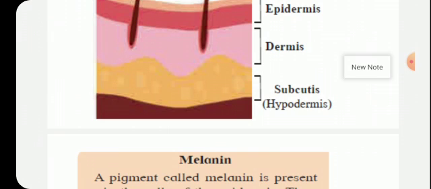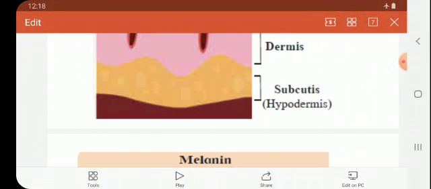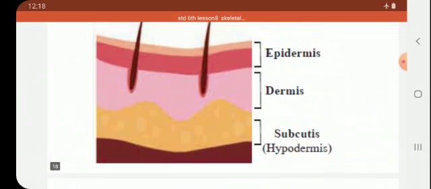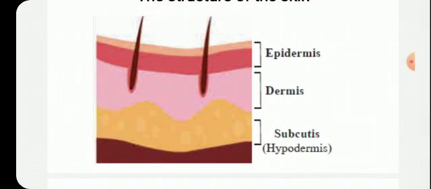This network of nerve fibers and blood vessels maintains our body temperature. Just now in the functions of the skin, we studied that the skin helps to regulate our body temperature. So who is doing it? In the subcutis or hypodermis, the blood vessels and nerve fibers which are present perform the function of protecting it.